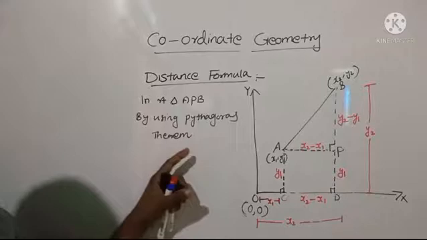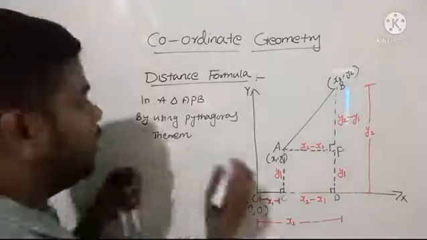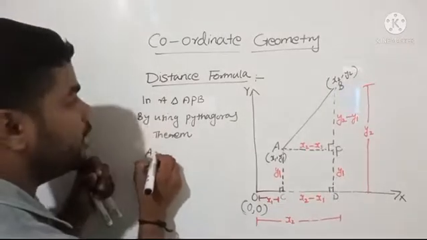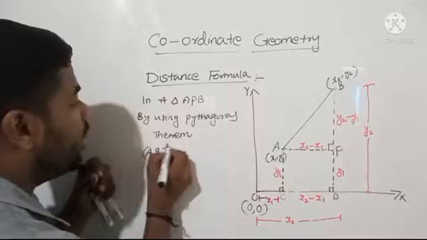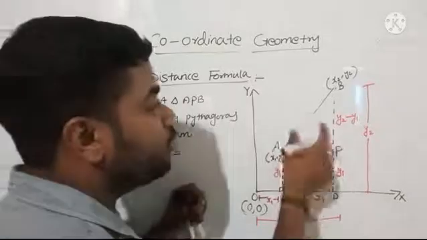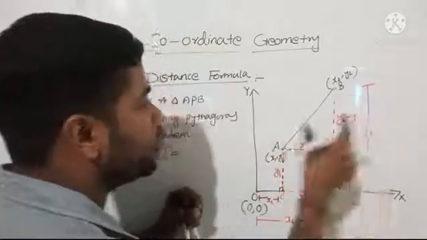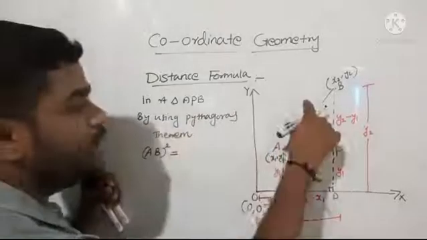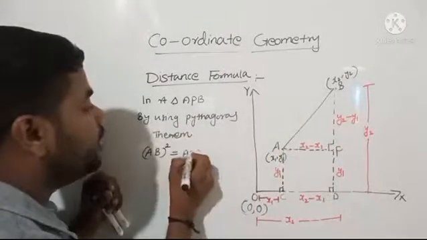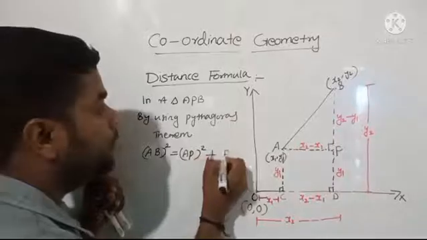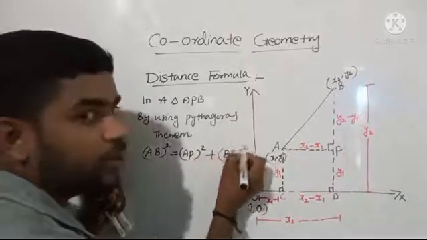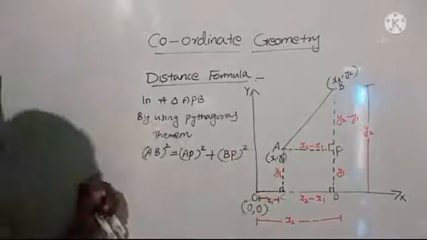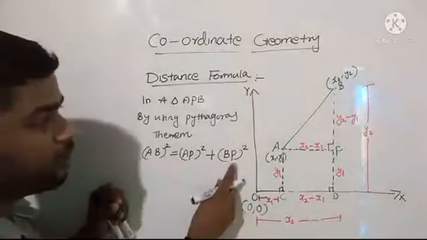Hypotenuse square equals base square plus altitude square. So AB square is equal to AP square plus BP square.